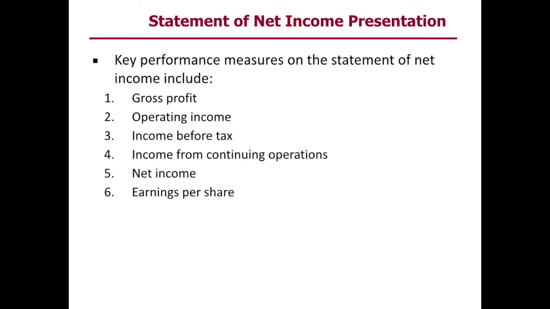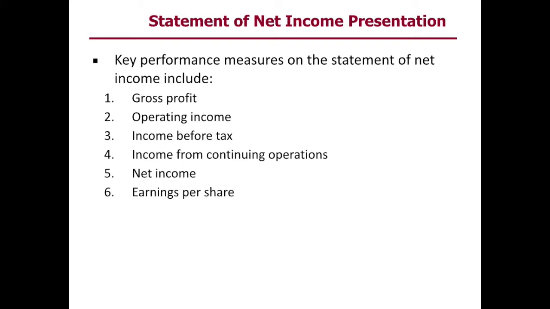From operating income, we would add our other revenues and subtract our other expenses to get income before tax. And then we would have our income from continuing operations. From income from continuing operations, we would then subtract our tax to get our net income. And then below the net income, we always have an earnings per share schedule.